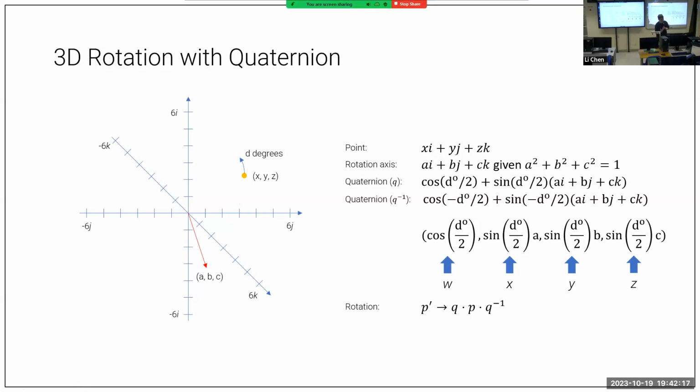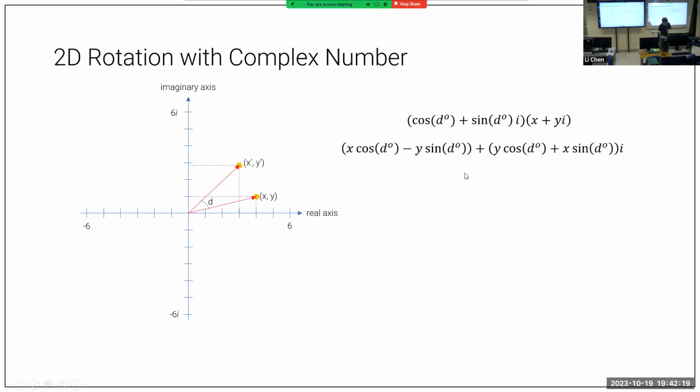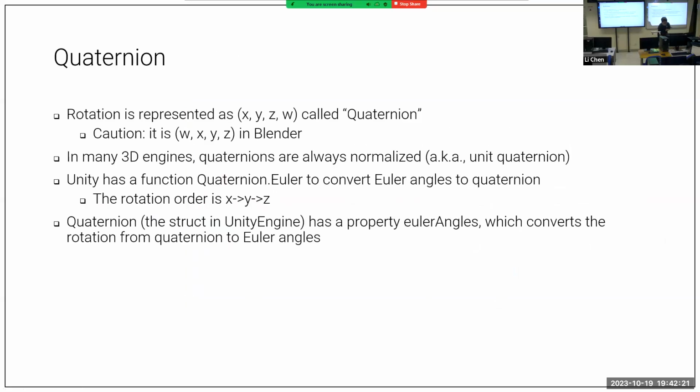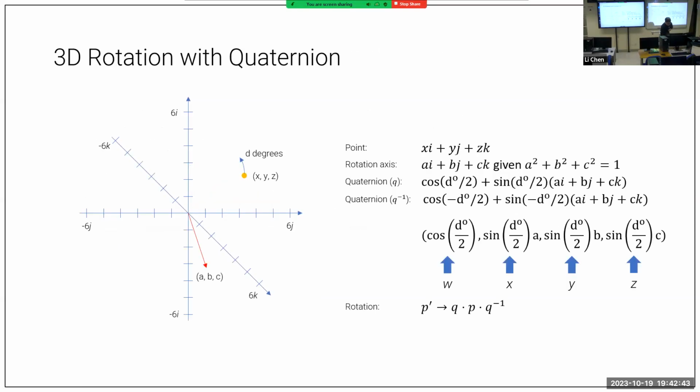Then we just take the coefficients, which can be W, X, Y, Z. W is the real one, X is the coefficient for i, Y is the coefficient for j, and Z is the coefficient for k. Then that's it. Very straightforward.